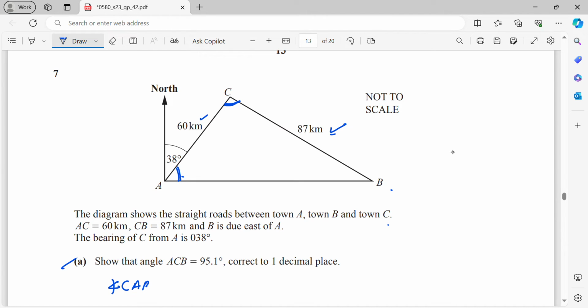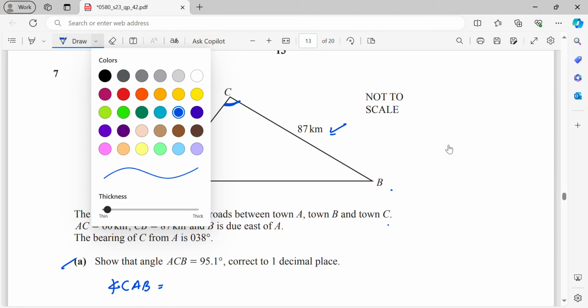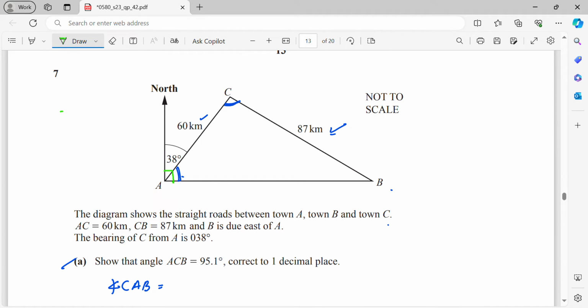How do I get this angle CAB? Refer to this right angle triangle, which is 90 degrees minus 38 degrees. So here you will get 90 minus 38 degrees. That is going to be 52 degrees. So I know that here is 52 degrees.